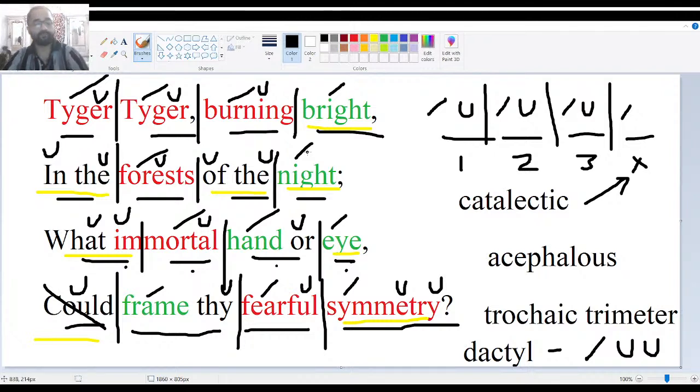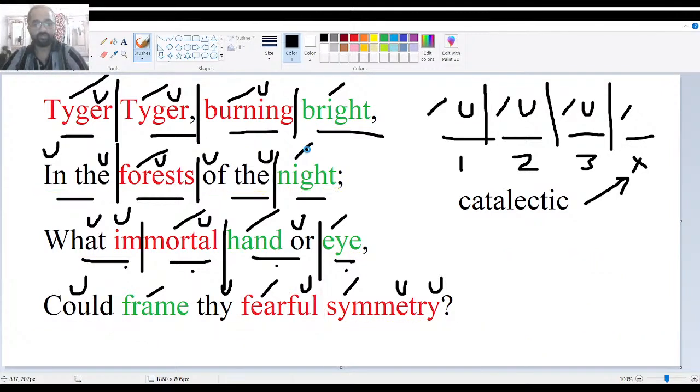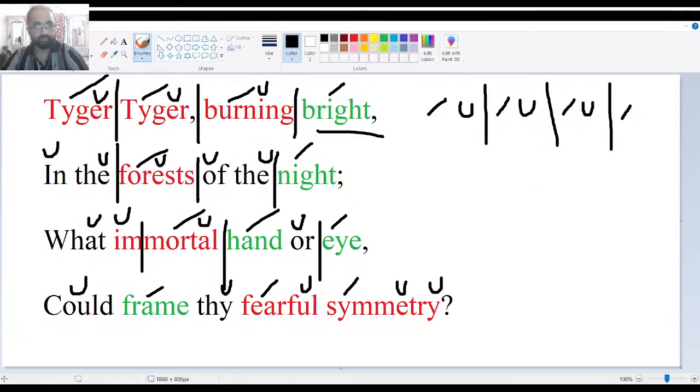Let's look at the second stanza of the same poem.